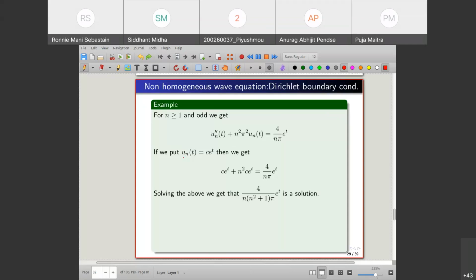Oh, okay. So here we have found a solution of this differential equation. I see.